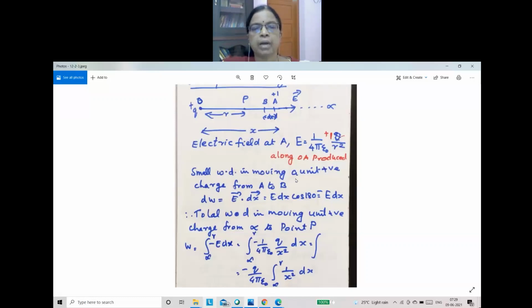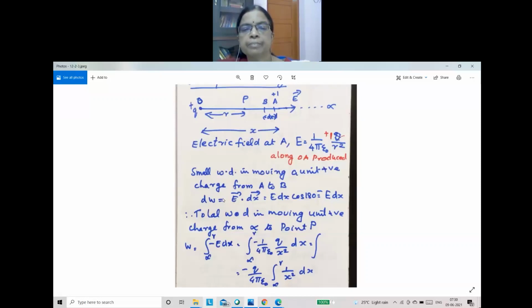Small work done in moving a unit positive charge from A to B is equal to E dot dx. How does it become E dot dx, children? Anyone? Can you explain?